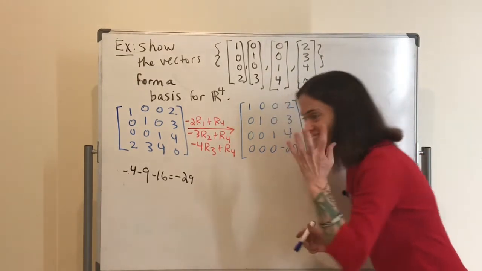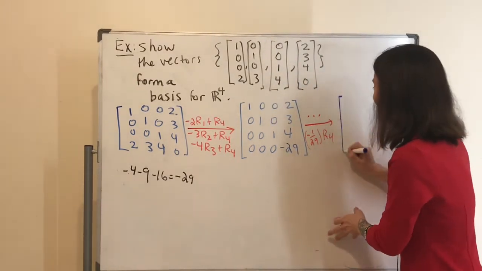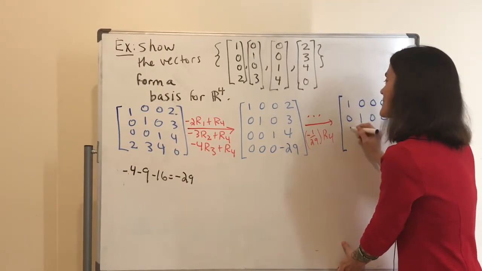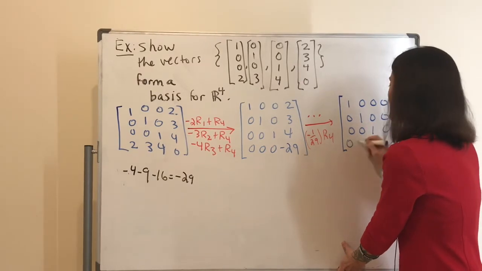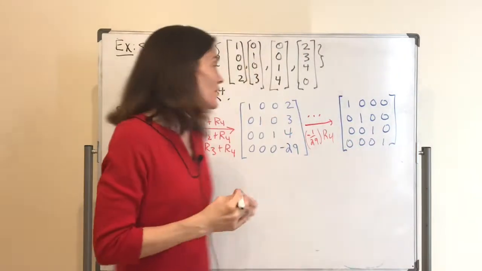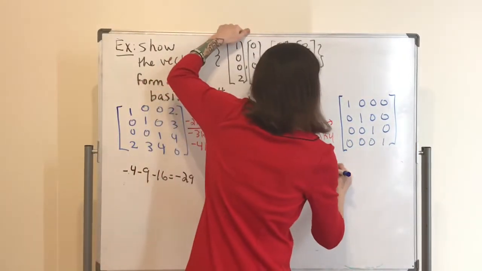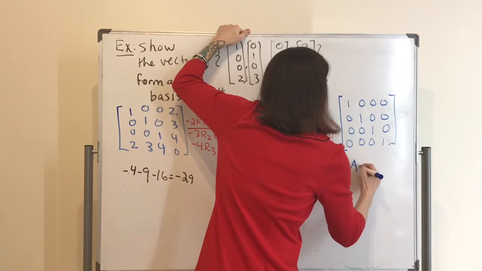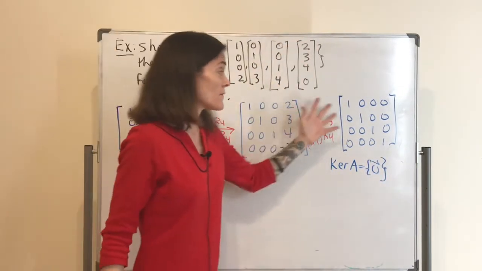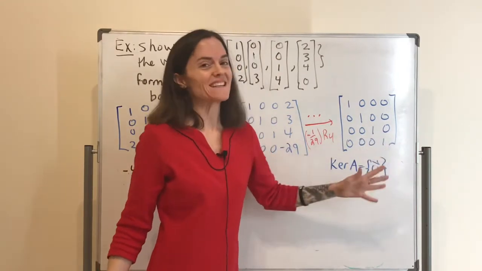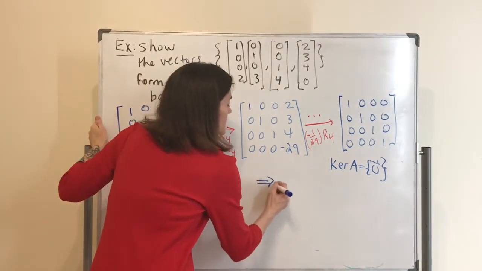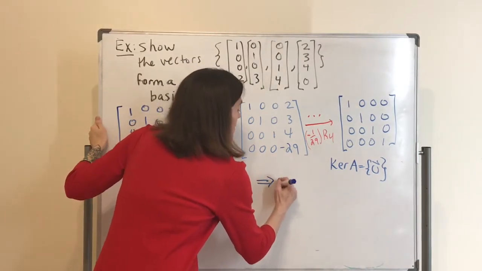So I'll just put ... because we can see right now what the reduced row echelon form will look like. It is going to be this 4x4 identity. This says that the kernel of the original matrix is just 0 because we have no free variables. We have a rank 4 matrix, and so this says that the vectors are linearly independent.